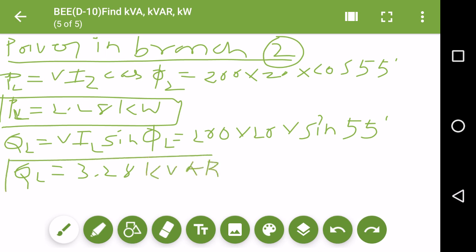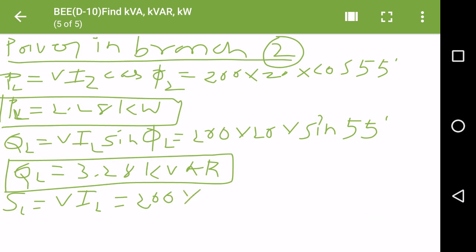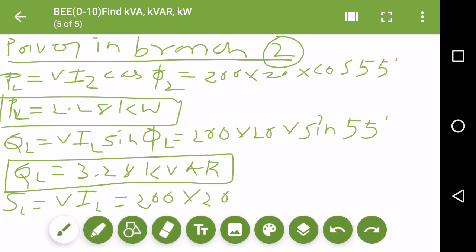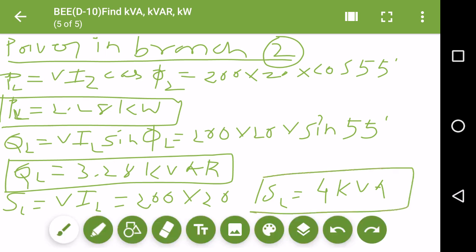That is the unit. And finally the value for S2 is just V into I2, that is V is 200 into I2 is 20, so S2 is given as 4 kVA. So this is my third power, S2.